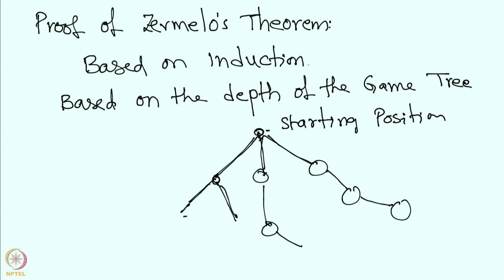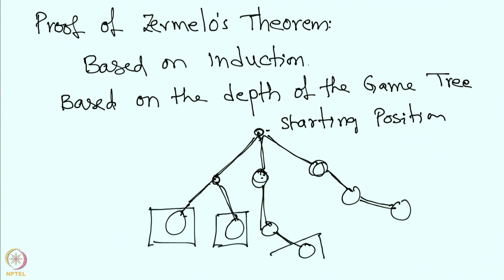These are known as the terminal nodes. From here again there are moves, and so on. These are the terminal nodes. Terminal nodes are where it is decided whether it is a win, loss or draw.